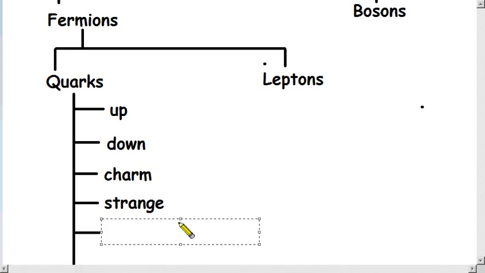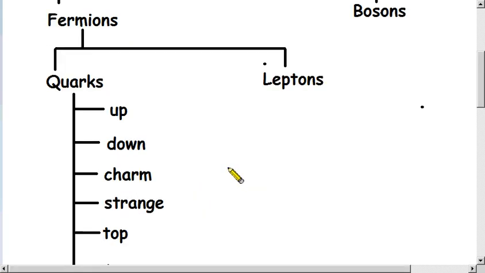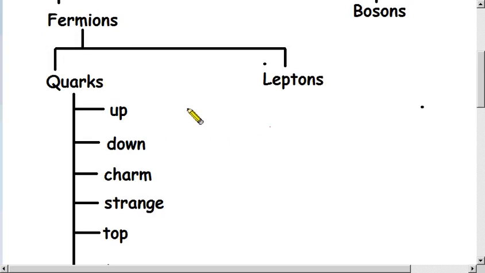Then the other one is called top. Then the final one is called bottom. So these are the names of those 6 quarks. Now children, let us see what the charges are.